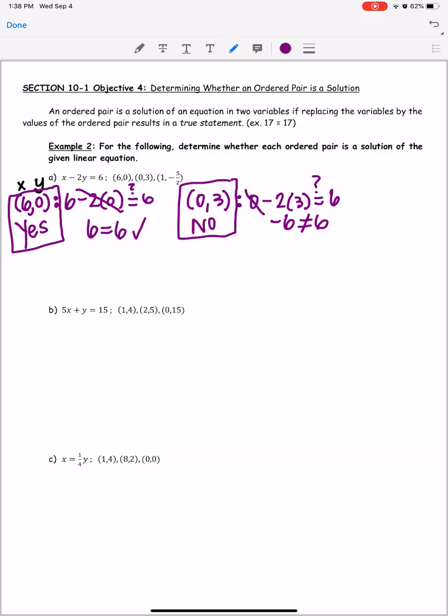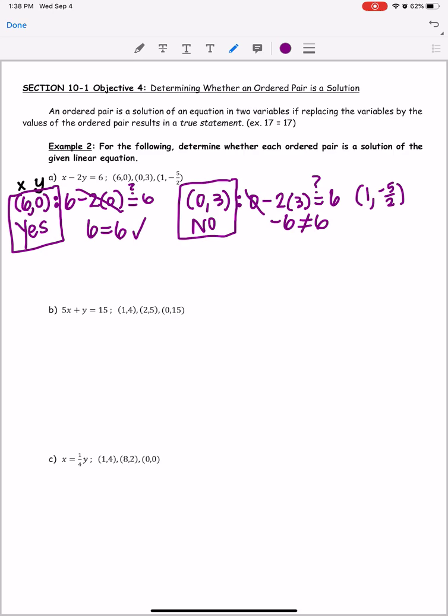Okay, I'm going to have to do this one kind of small to fit this one in. But my next ordered pair, one second, guys. All right, my next ordered pair is 1 comma negative 5 over 2.